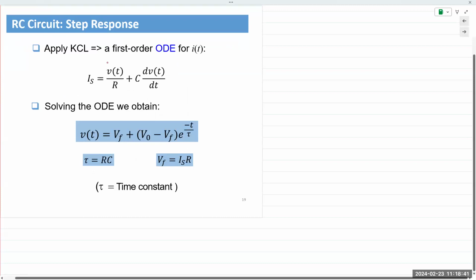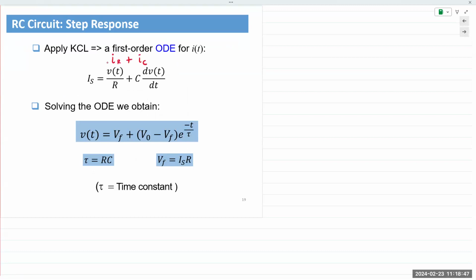Obtain an expression. This is IR, this is IC, the capacitor current. Again, the sum of the currents does not equal 0. They equal Is. We solve that expression and we obtain the exact same expression that we did for the inductor. V of t is Vf plus V0 minus Vf, times e raised to minus t over tau. No difference.